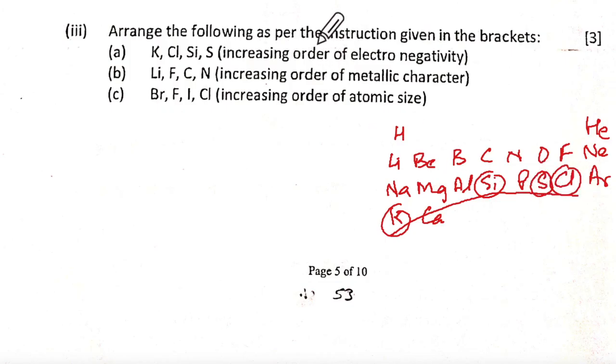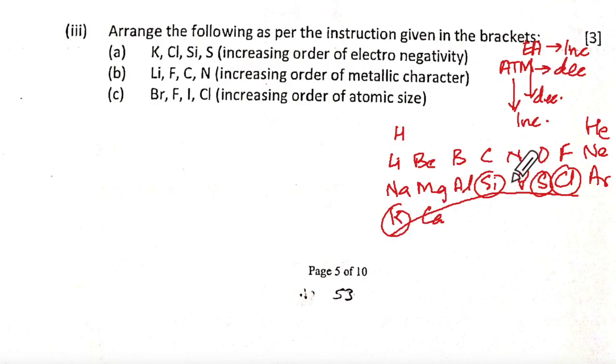In that case, they want increasing order of EA. So keep the trend ready: this way it decreases and this way it increases. If they are looking at EA, what will I say? EA is going to increase here and EA is going to decrease here. Correct? So this will be the minimum EA for period 3, but this will be still lesser.